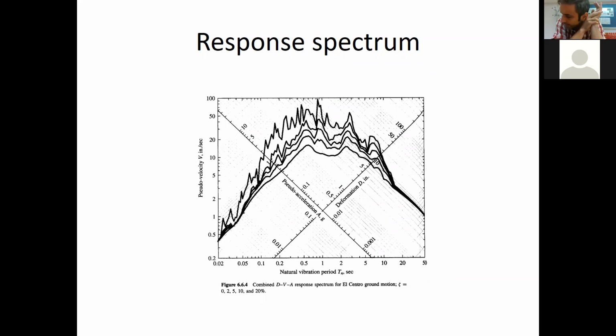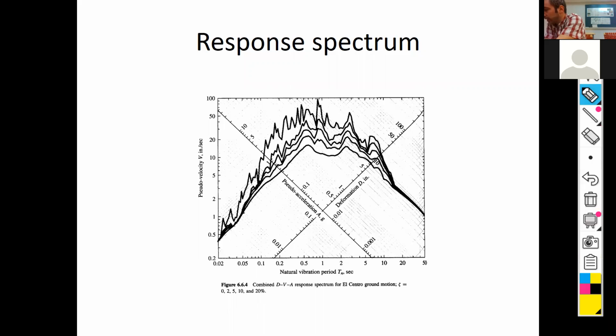This is a slide of how the American code gives the design spectrum. Okay, and there are two important things to notice. One is that it is the velocity spectrum.